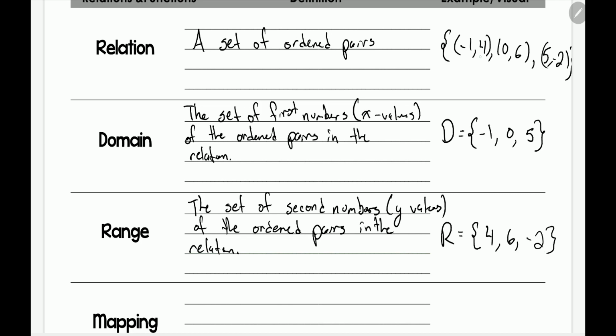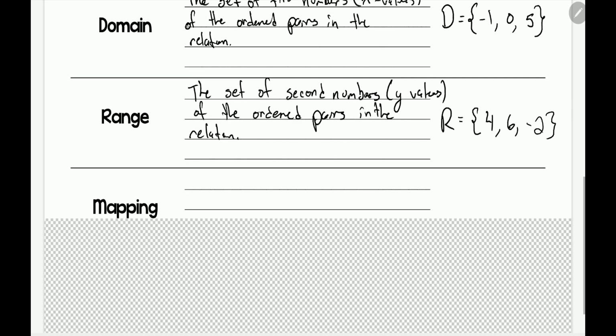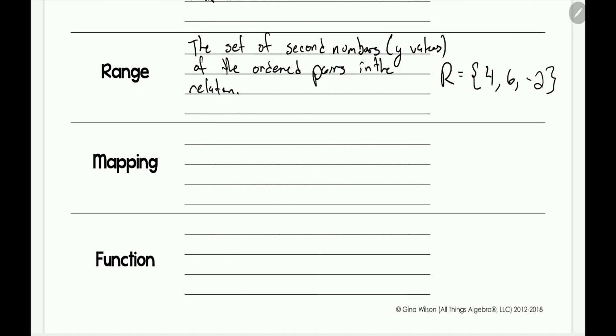So I'm taking the y value out of each ordered pair. Now, when it comes to mapping, it's an illustration, so it illustrates how each element of the set, of the domain, is paired with the elements of the range.